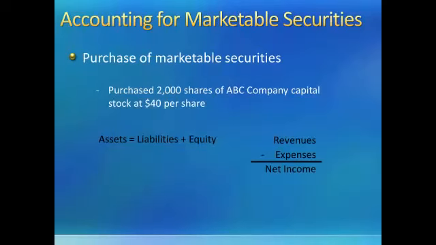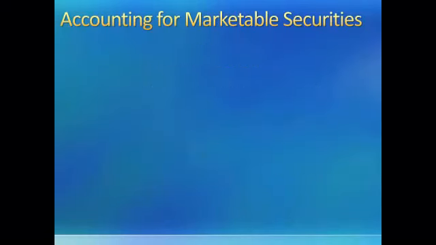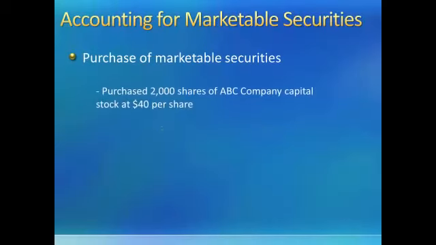Cash is an asset, so we have one asset that's decreasing. Investment in the marketable security of ABC capital stock is also an asset, so we have that asset increasing and cash decreasing. We don't have an income statement effect when we purchase the securities.